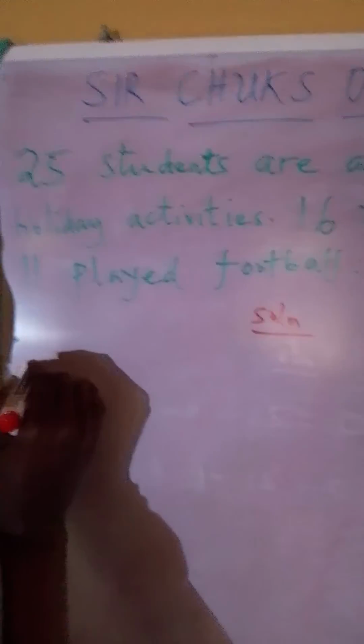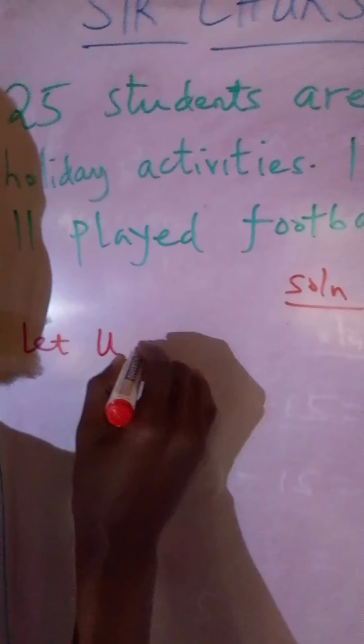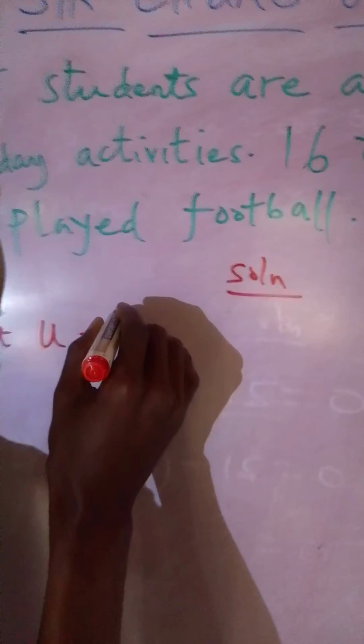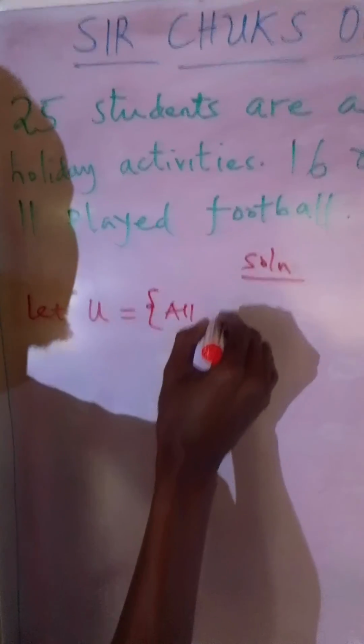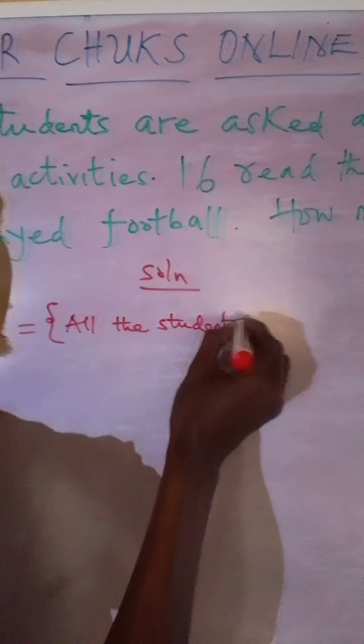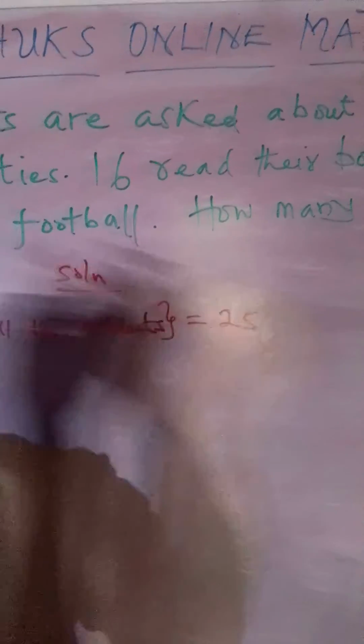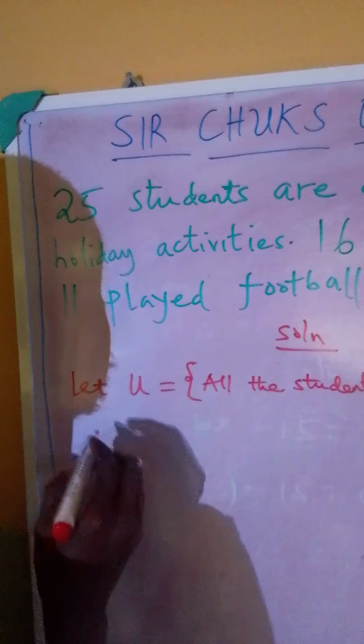Solution. We now say let U be equal to all the students, which is equal to 25 according to what we have here.